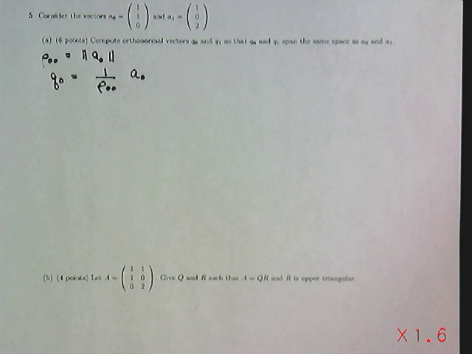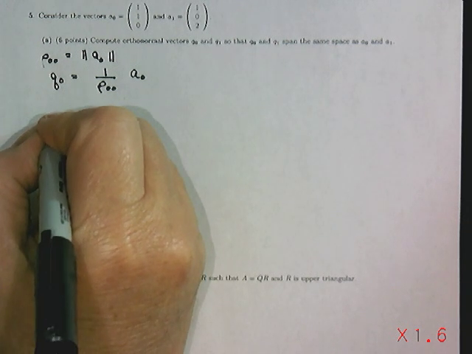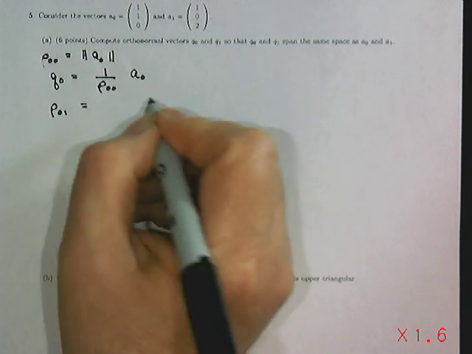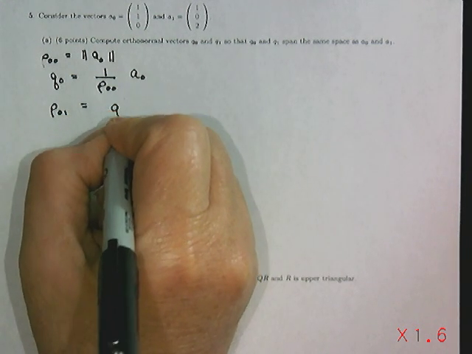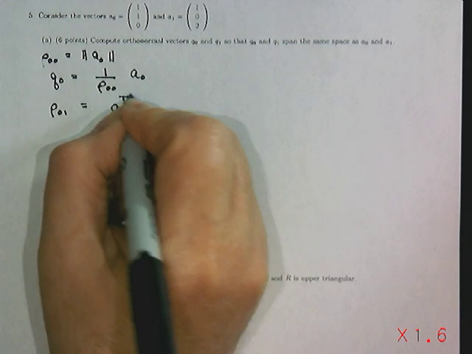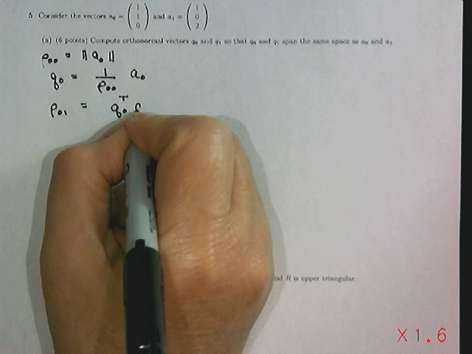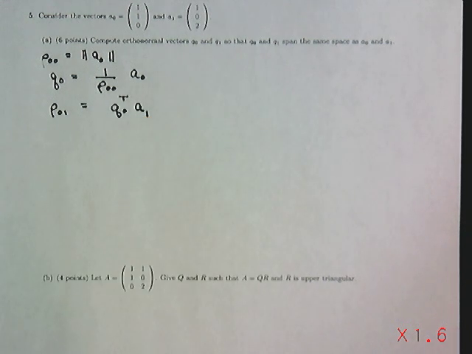We just make it of length 1. Next step is to compute rho sub 0, 1, which is found by taking q sub 0 transpose and multiplying that by a sub 1.